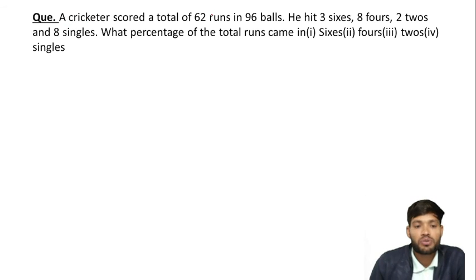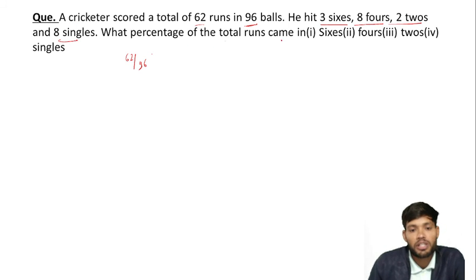A cricketer scored a total of 62 runs off 96 balls. He hits 3 sixes, 8 fours, 2 twos and 8 singles. What percent of the total runs came in sixes, fours, twos and singles?